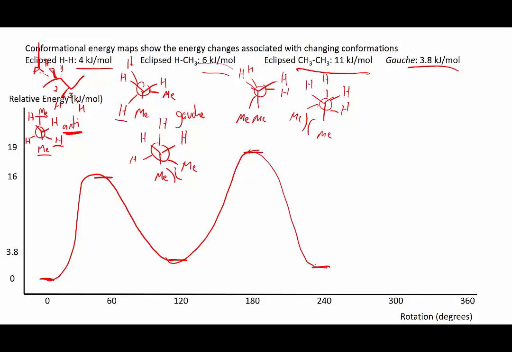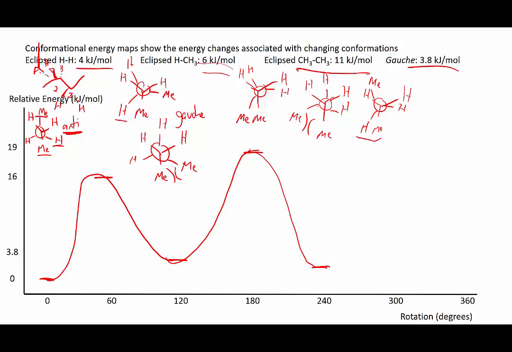If we rotate again, we're going to get another eclipsed conformation, I'm sorry, where we have 2 hydrogen methyl eclipsed conformations.